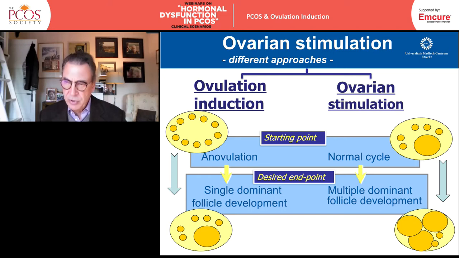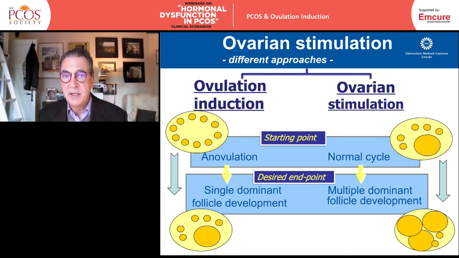And you induce ovulation in a woman that does not ovulate to start with. And there the aim is single dominant follicle development. You may say it's an illusion because not often that happens, but that's the aim. Monofollicular development, mono-ovulation, singleton pregnancies. That's what we aim for in ovulation induction.